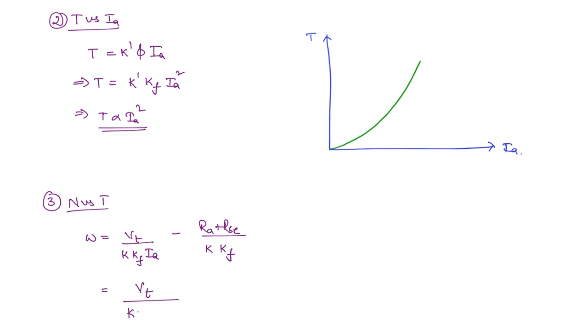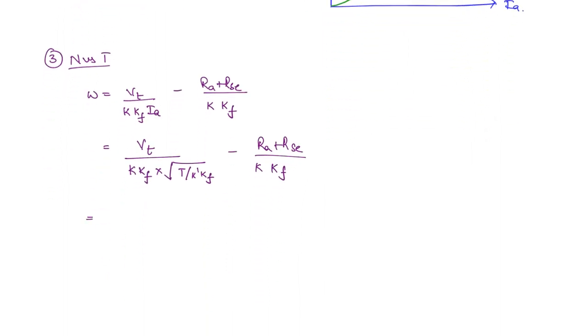So Vt by K into Kf into Ia is going to be T by K dash into Kf minus Ra plus Rse divided by K into Kf. So you can see that here the speed is inversely proportional to the torque, not just inversely proportional but inversely proportional to the square root of torque. Okay. So you can write here omega is proportional to 1 by root T, because this here is a constant.